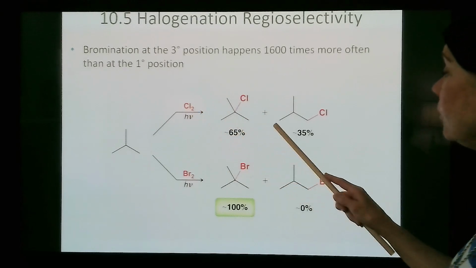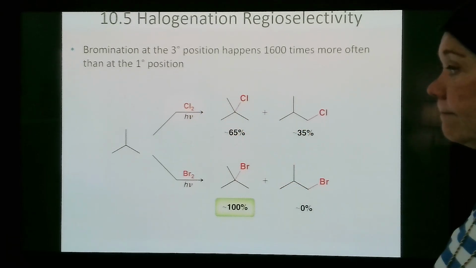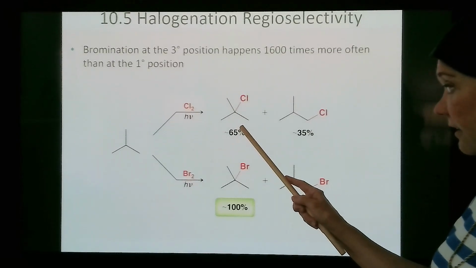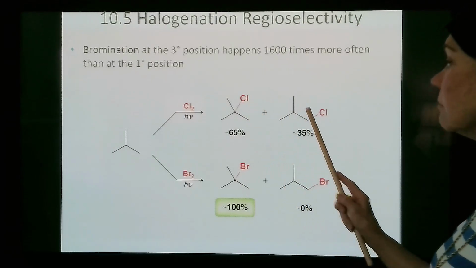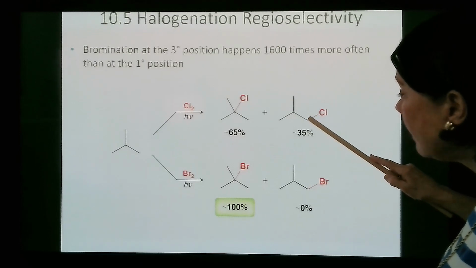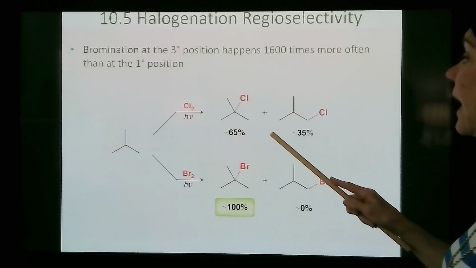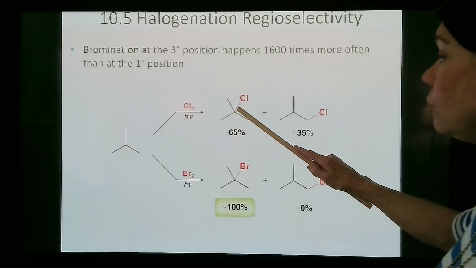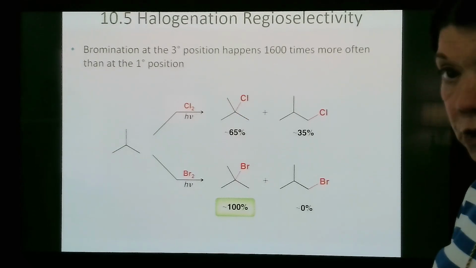And for chlorination, it's about 1 to 2, which shows that there is some regioselectivity. It's there, because remember, there are 9 times as many of these bonds. And so definitely there's some regioselectivity that's due to the greater stability of the tertiary radical.